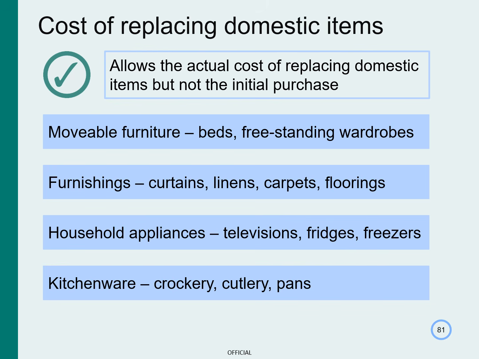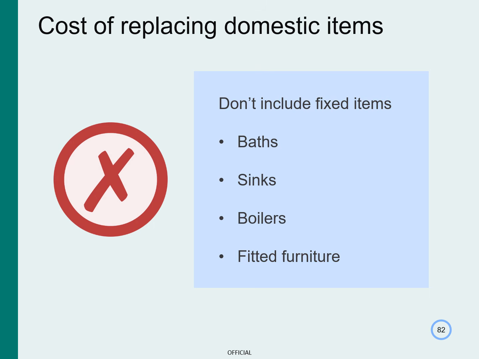The old item must no longer be available for use by the tenant. Domestic items include movable furniture, furnishings, household appliances, and kitchenware. Domestic items don't include fixed items, such as baths, sinks, boilers, and fitted furniture.